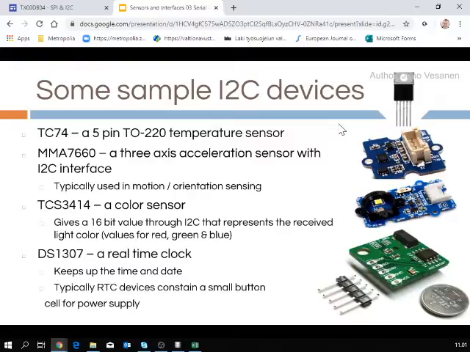Some example devices, so temperature sensors. We actually have that TC74 here. I think these are the 5-pin TO220.